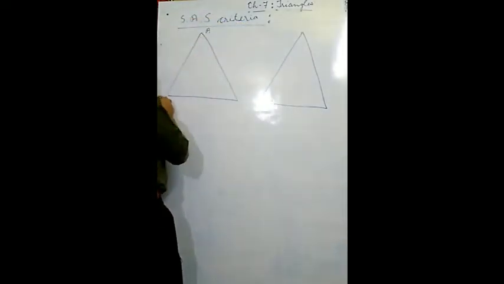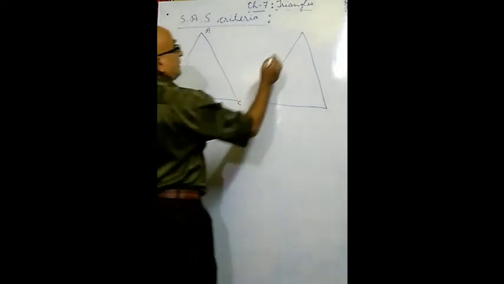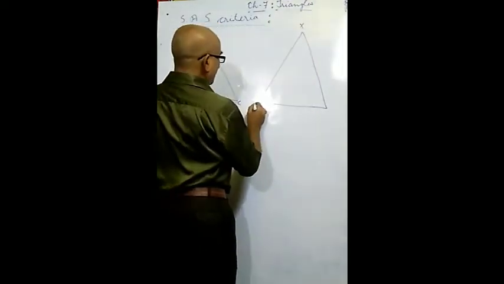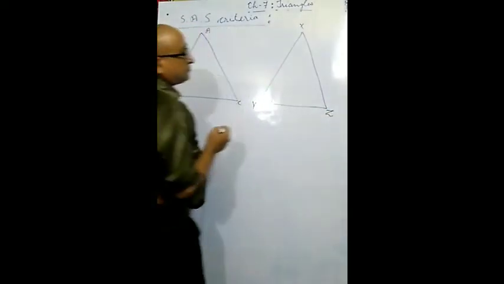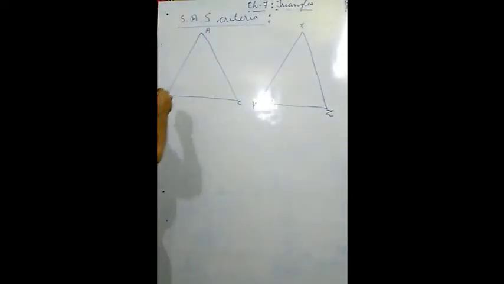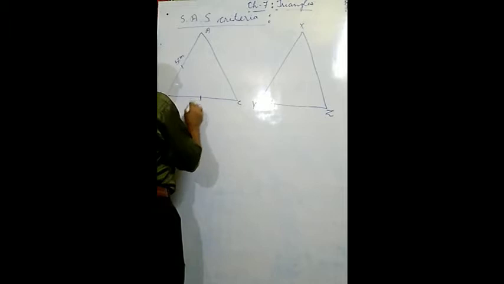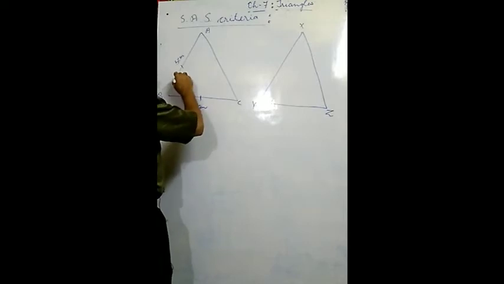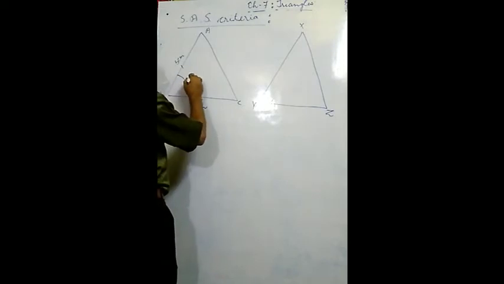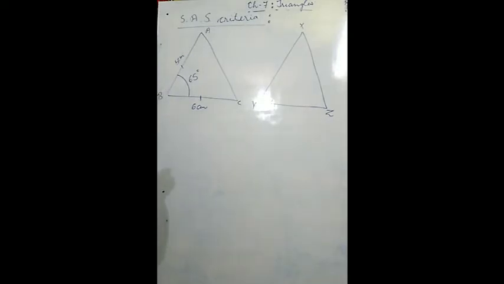The name of this triangle is ABC, and this one is XYZ. Now observe, suppose AB is 5 centimeter, this one is 6 centimeter, and this included angle is given as 65 degree.